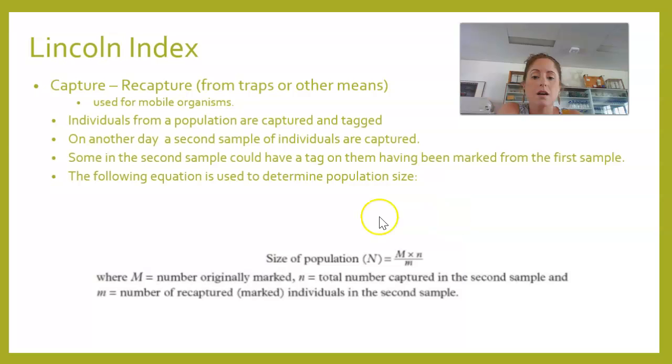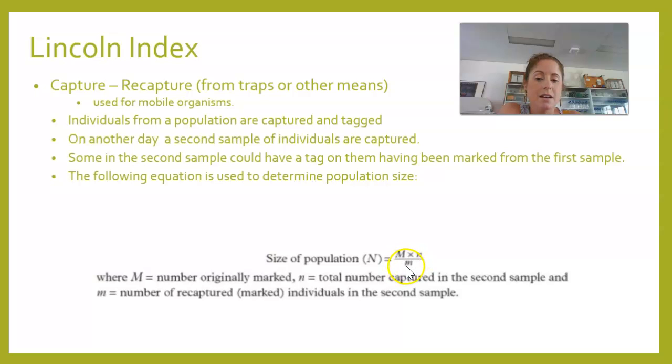So we use this equation to determine that. Sometimes it's referred to as N1, N2, N3, but the originally marked ones are here. This is the total number in the second capture, and the lowercase m is the number that you recaptured here.